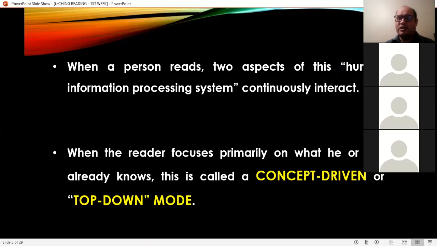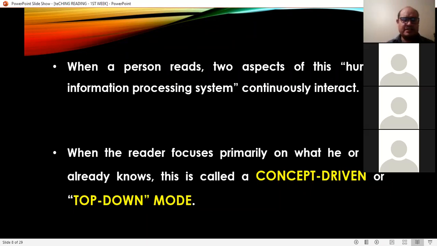This is called a concept-driven or top-down mode. So when the reader uses what he or she knows in order to compare it with the written information, this is called concept-driven, or it is mostly known as top-down mode.